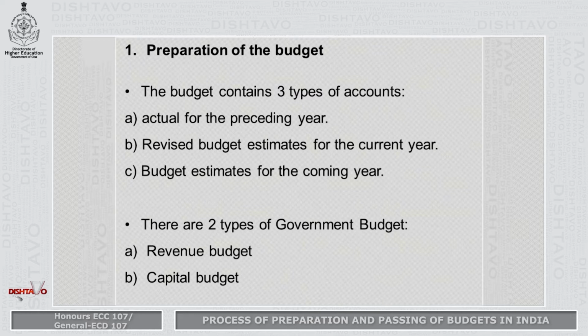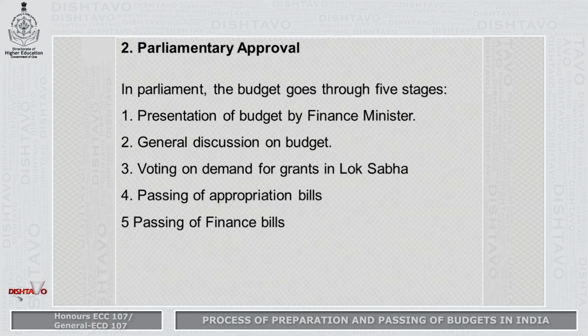First is the actuals for the preceding year, that is, last year's budget figures of the country. Second is the revised budget estimate for the current year, that is the base year. Third is the budget estimate for the forthcoming year. There are two types of government budget: the revenue budget and the capital budget.